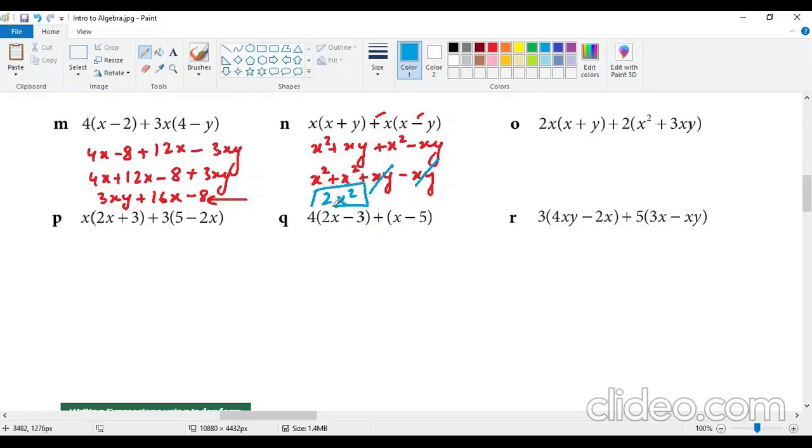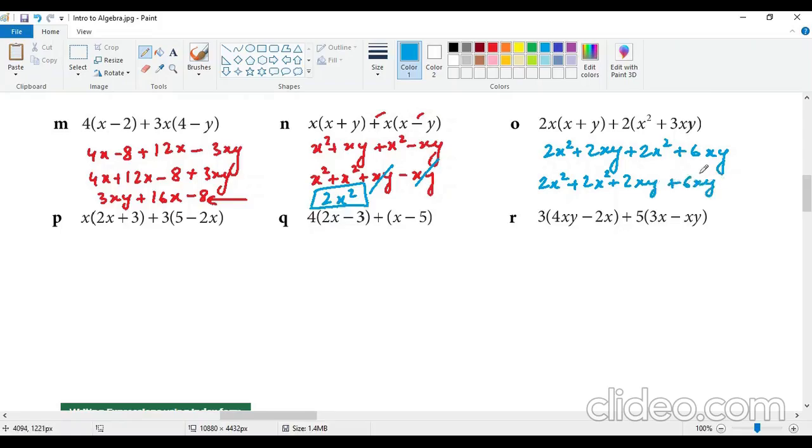First one will give you 2x square plus 2xy plus 2x square plus 6xy. That means 2x square plus 2x square plus 2xy and 6xy.